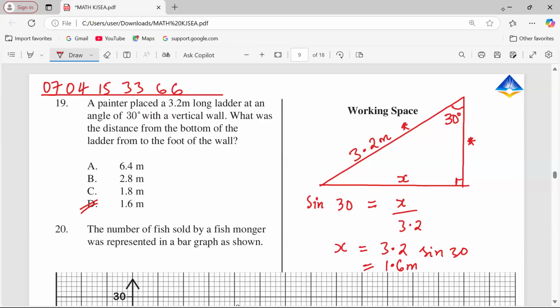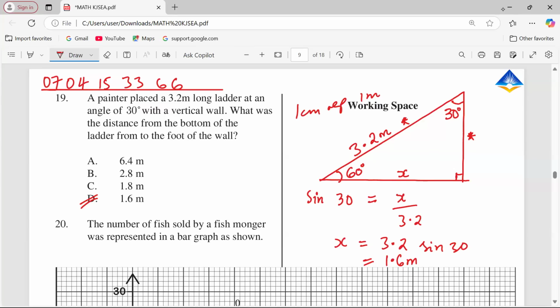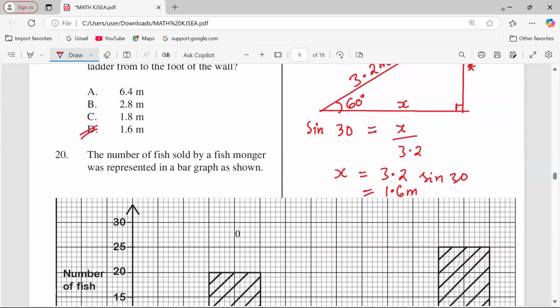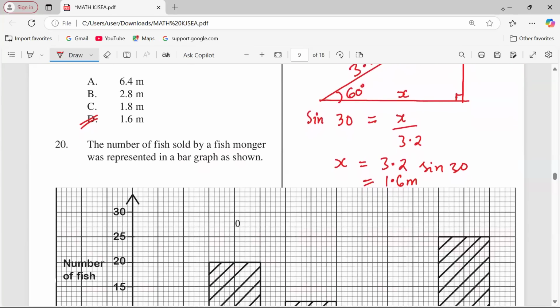Automatically, this one is 60 degrees. So we can use a scale of 1 centimeter to represent 1 meter. And we draw, then we measure. We're going to get the same answer to one decimal place.